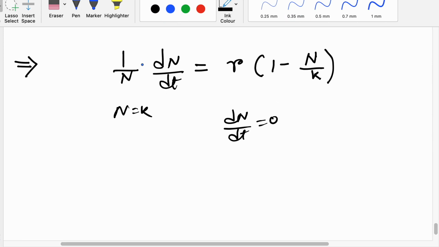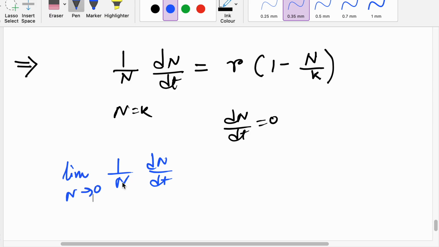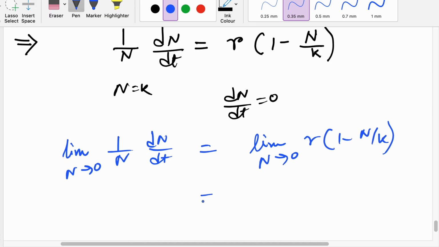Now let's see whether it satisfies the second assumption or not. (1/N) dN/dt, limit N tends to 0, becomes limit N tends to 0 of r(1 minus N/K).